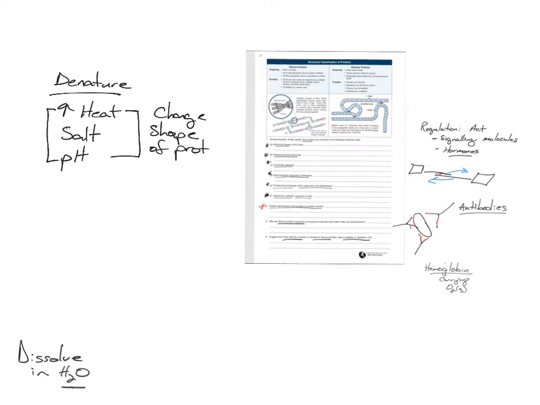And if the shape of the protein changes, it doesn't work anymore. Which means the things that make you able to breathe, think, and carry oxygen stop working. For instance, if you unfold hemoglobin, then it can't carry oxygen. If it can't carry oxygen, you're dead.